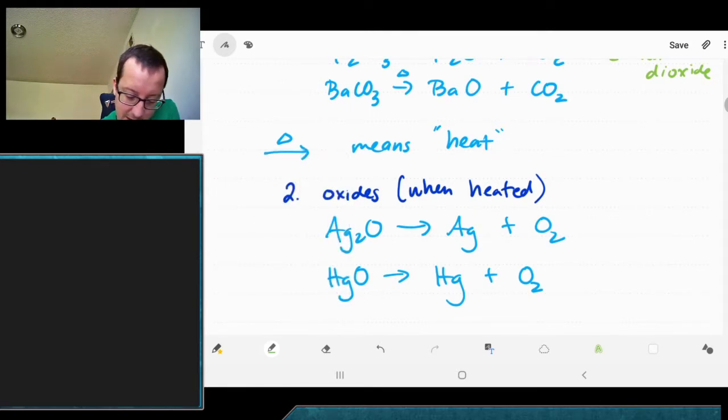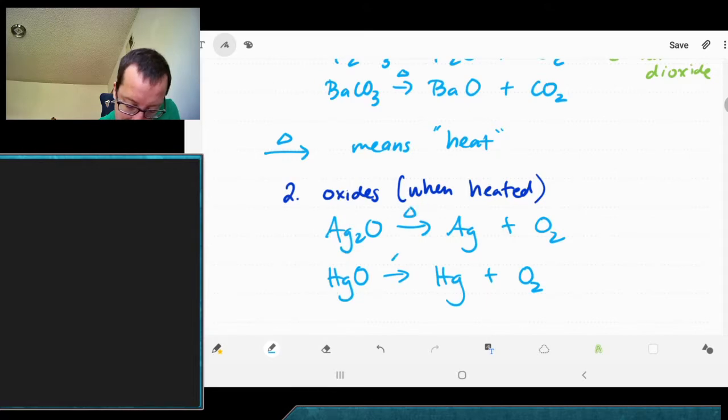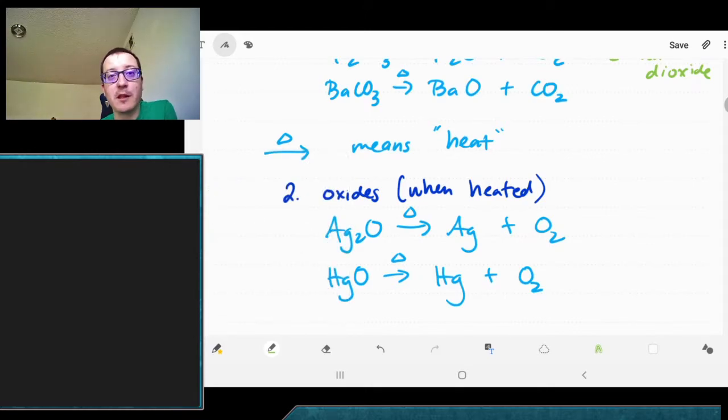So if you were to heat up an oxide, you'll probably end up kicking out the oxygen and recovering your metal here. These are typically pretty high heats that you need for some of these. So you get the metal plus oxygen gas when you heat up the oxide.